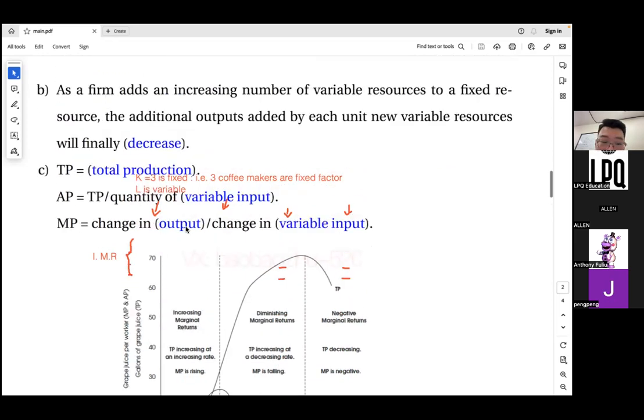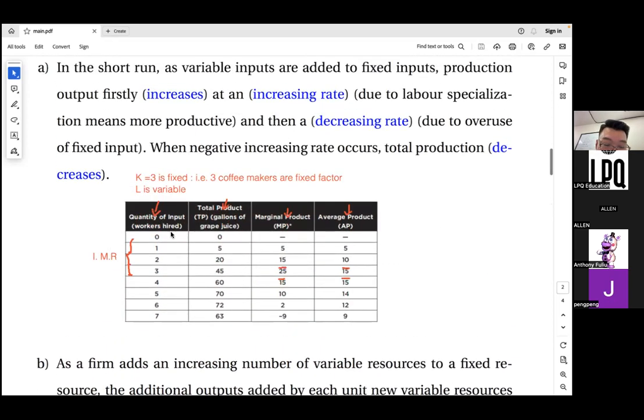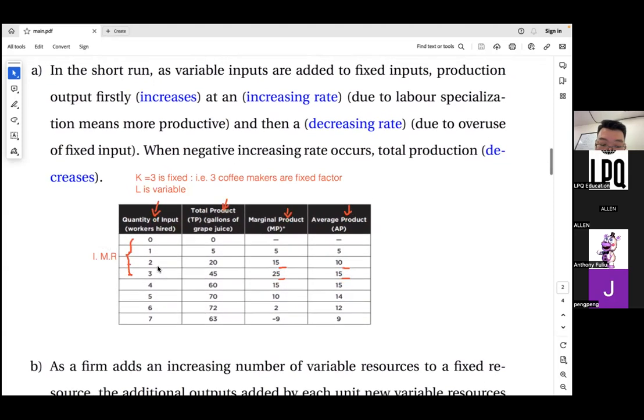Based on this table, from 0 to 3 we can see a pattern. Why? Because from 0 to 3, you see marginal production increases from 5 to 15 to 25.